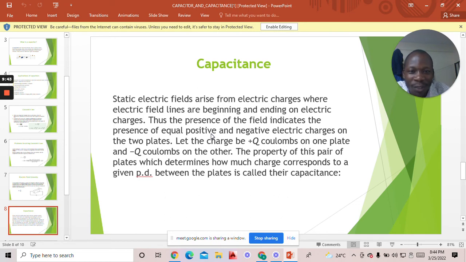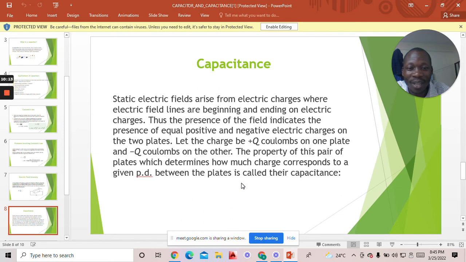So if we say positive Q coulombs is the charge on one plate and negative Q coulombs is the charge on the other plate, the property of this pair of plates, which determines how much charge corresponds to a given potential difference between the plates, is what we call capacitance.